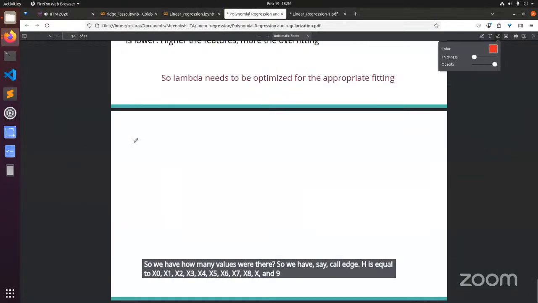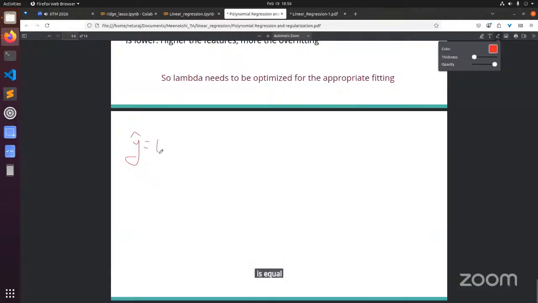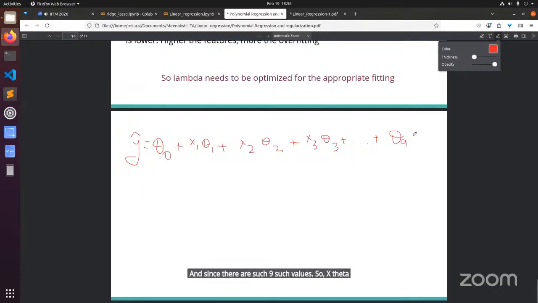So we write y prediction is equal to some theta naught plus x1 into theta 1 plus x2 into theta 2 plus x3 into theta 3, and since there are 9 such values, theta 9 into x9.